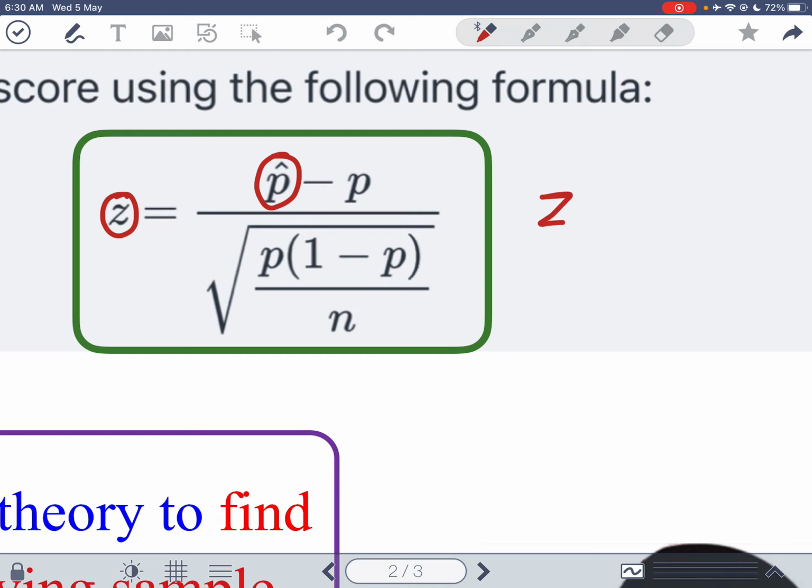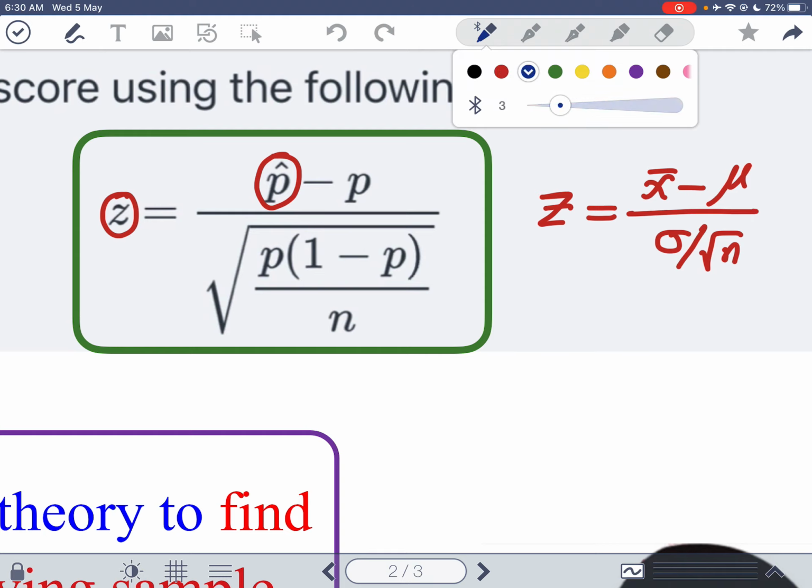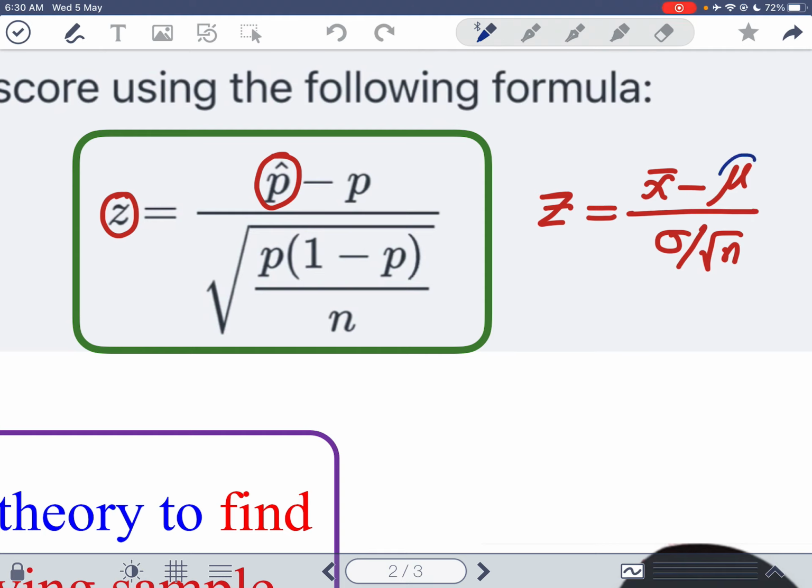So actually, this is the same as what we did before. If you remember, the z score was x bar minus mu over sigma over radical n. But in that case, mu was the population mean, and this is the sample mean. So the same way, this is the sample proportion, and this is the population proportion.